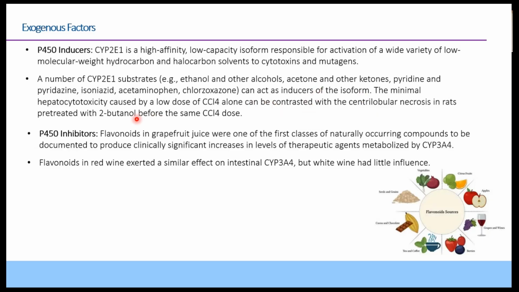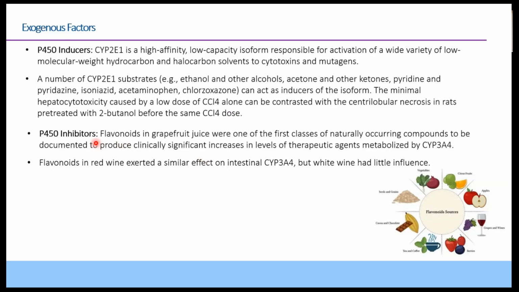If 2-butanol is administered before carbon tetrachloride, then it induces CYP2E1, which increases the toxicity of carbon tetrachloride. As I said earlier, I will be providing the notes for this chapter where all these examples will be covered, which will make your job easier to learn all these examples for the exam.